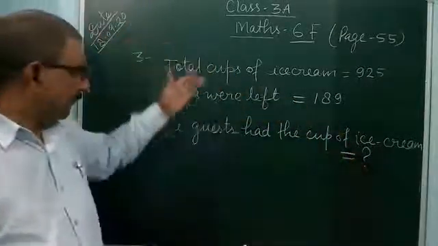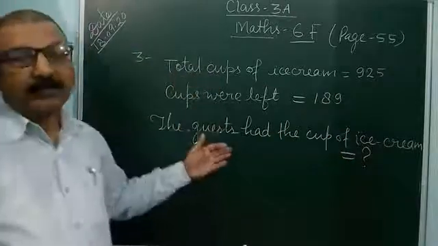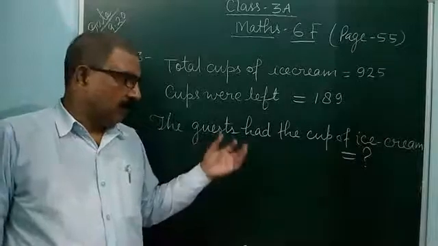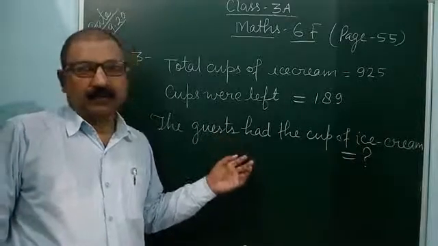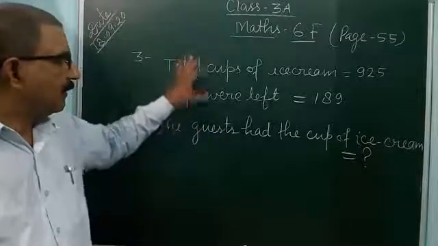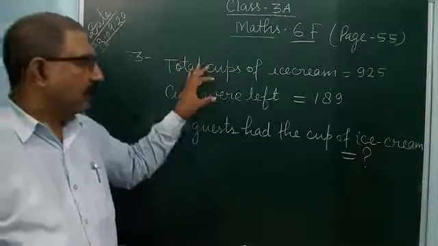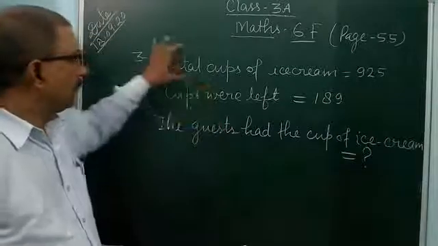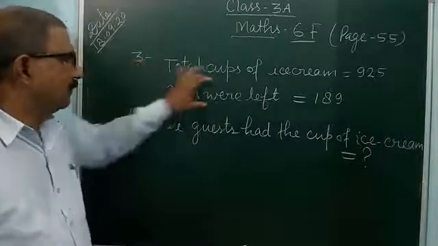You can write the statement like this. You try to write the statement. If you do it directly, no matter, you can still get marks. But it is better that you write the statement. What is the question? You read the question. After reading the question, you find out what is given.